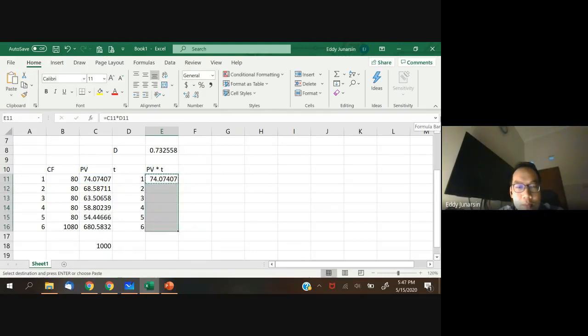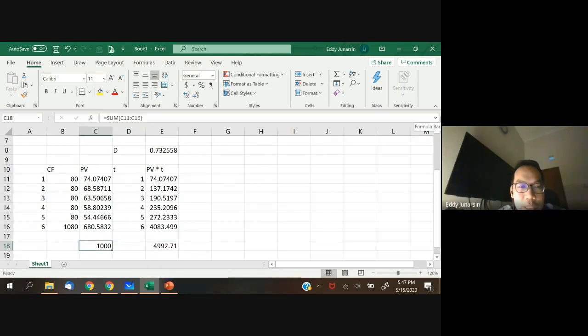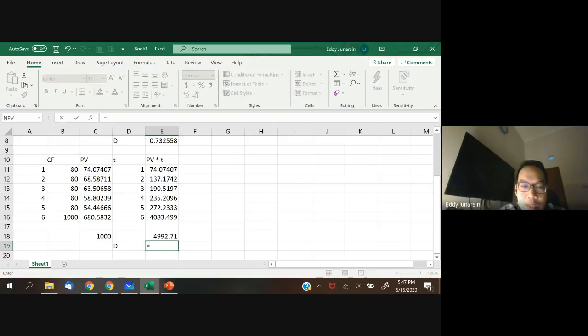Okay, and then you sum them. This is the numerator, this is the denominator. So the duration would be the numerator divided by the denominator. So 4.99 or 5 years.